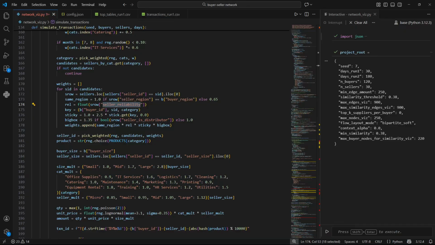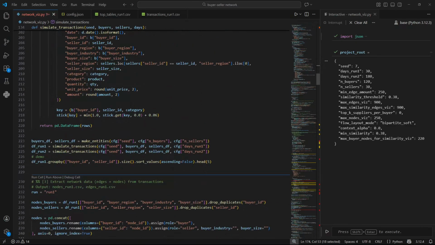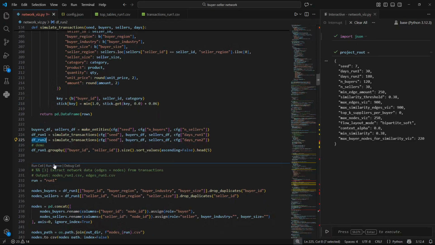So large distributors here cover many categories, and they naturally become hubs, possibly, as we define hubs in different ways. So that's essentially some of the features that we define and use in the data, right? So we define it in different runs by using different seeds and different day runs. We get the data here.